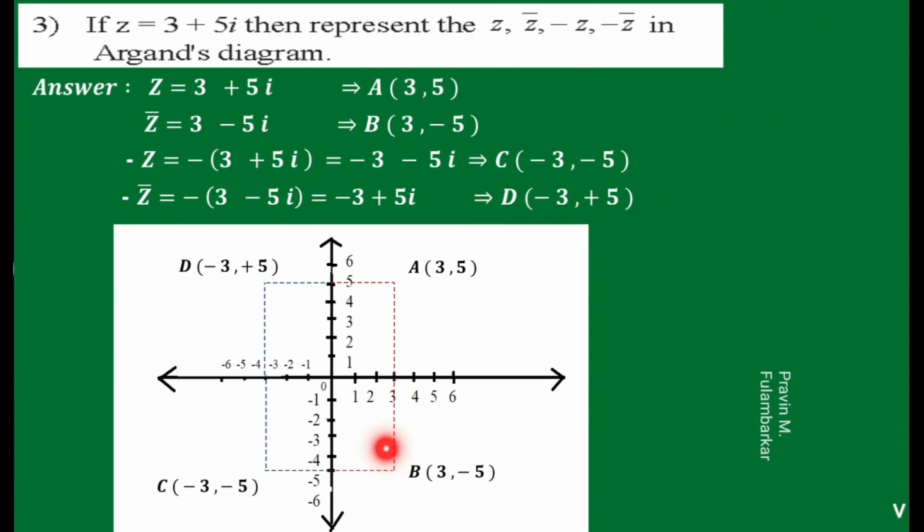So from this we get the Argand diagram, and this is the representation of complex numbers on graph with the help of ordered pairs or with the help of points. So you can find the Argand diagram, you can plot the graph with the help of these coordinates.